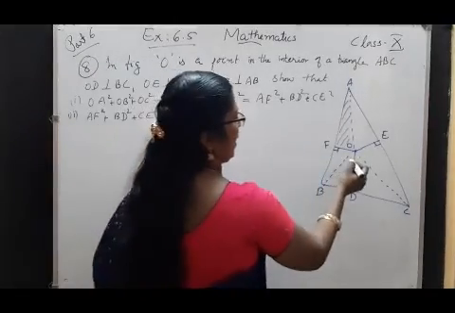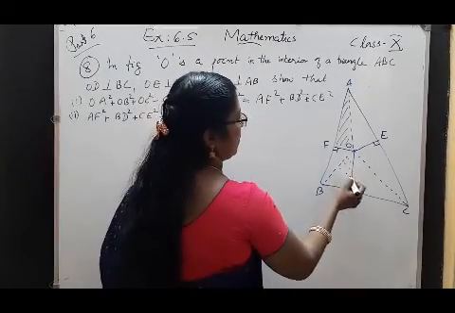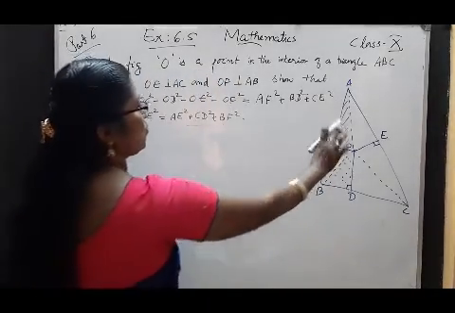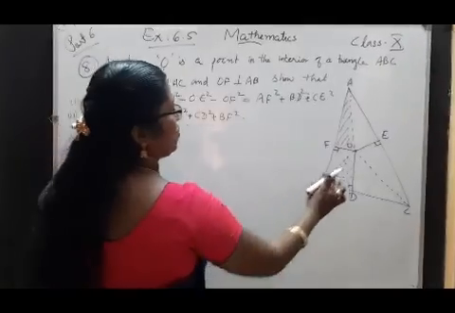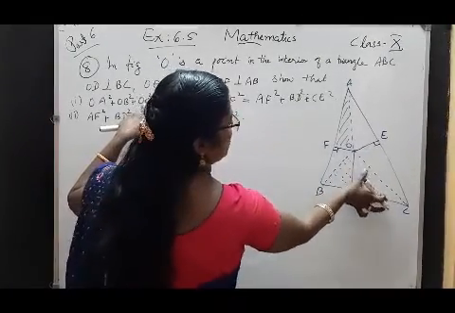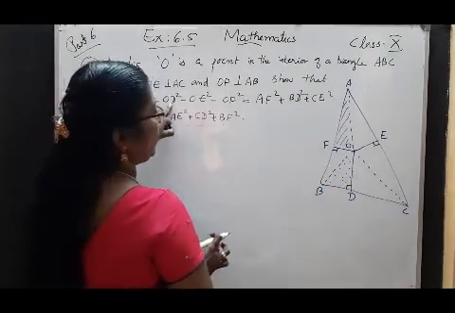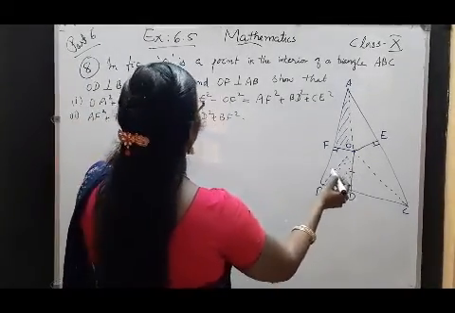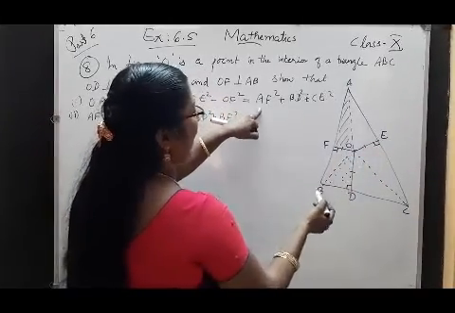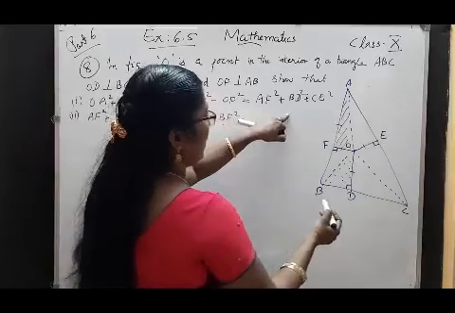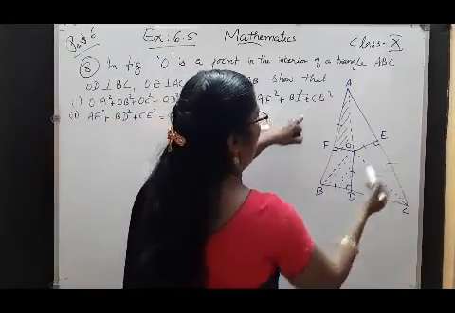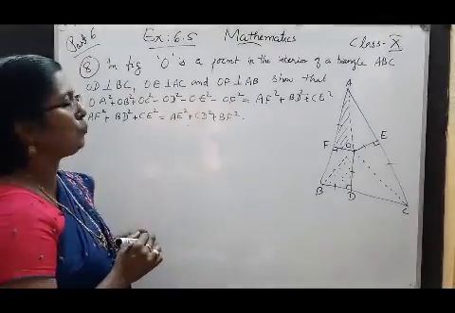So take these triangles. We want OA, OB and OC, and OD, OE, OF, and the sides AF, BD and CE. This is the first proof.